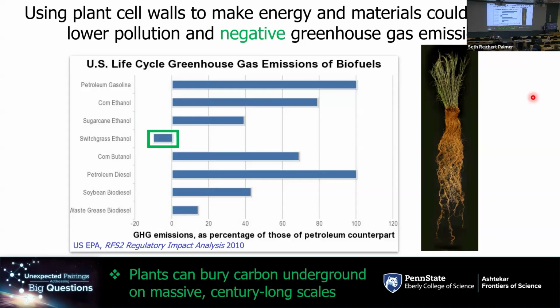They capture CO2 from the atmosphere, they convert it into sugars that they transport throughout their bodies, and some of those sugars are transported down into the root systems. So they are burying carbon underground, and a lot of that carbon is very stable and stays in the soil for hundreds of years. And again, they're doing this on gigaton scales, multiple hundreds of gigatons per year around the globe. So plants are carbon capturing machines.